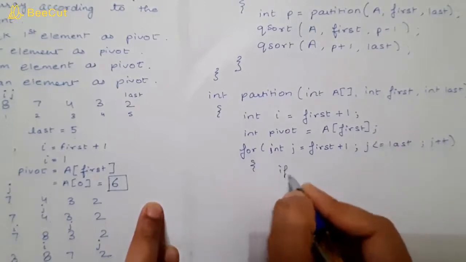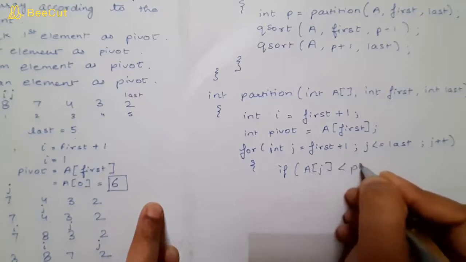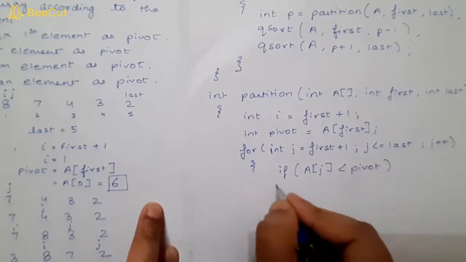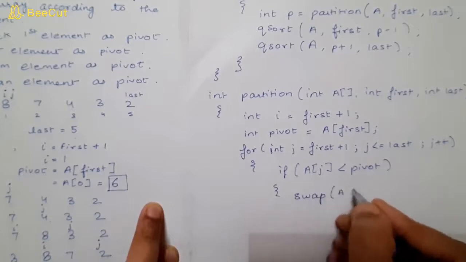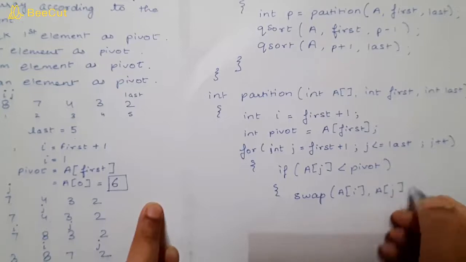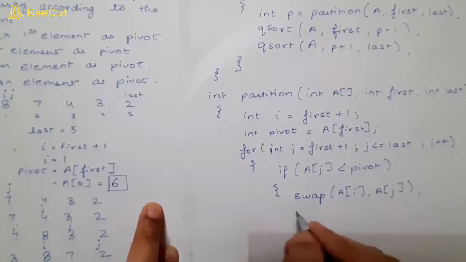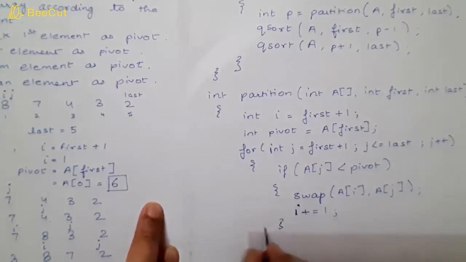And what I'm checking: if array of j is less than the pivot element, then I'm swapping a of i with a of j. Okay, and I'm incrementing the value of i by 1 every time swapping is occurring.